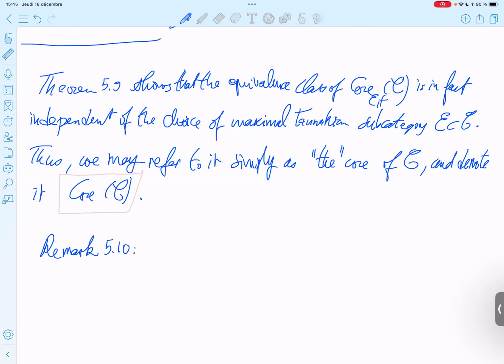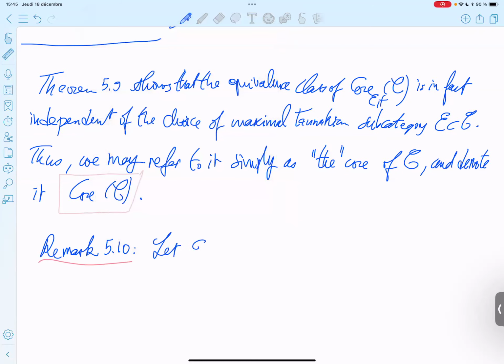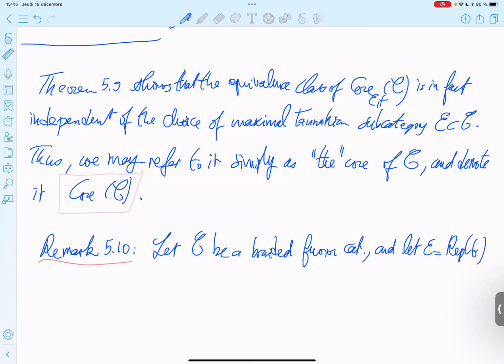Let C be a braided fusion category, and let E equal Rep(G) be a Tannakian subcategory.